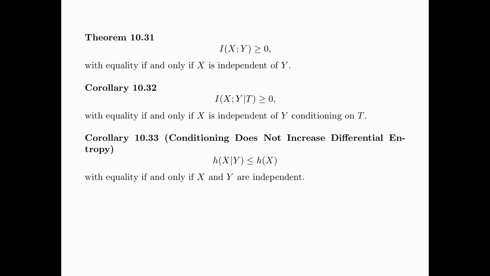That is, the differential entropy of X given Y is less than or equal to the differential entropy of X with equality if and only if X and Y are independent.